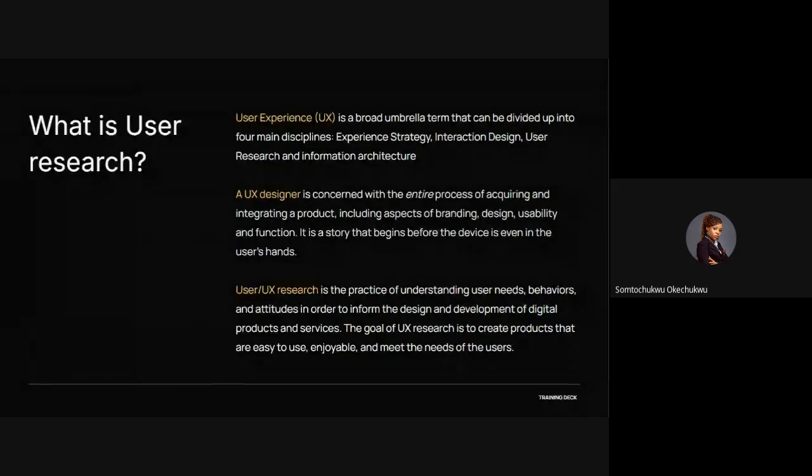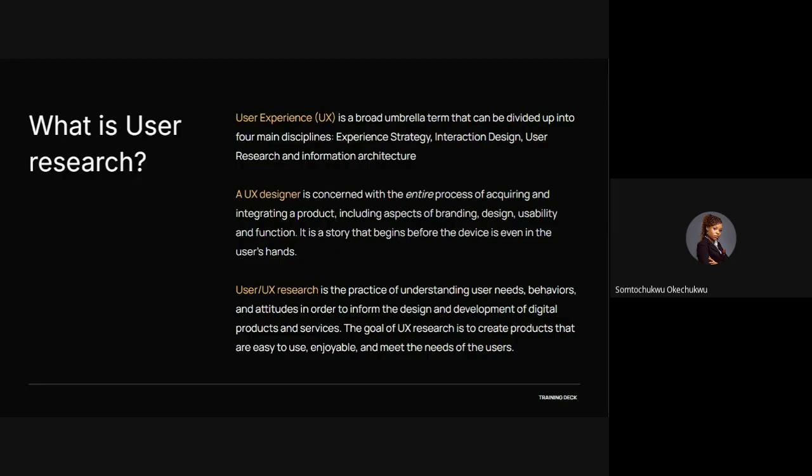And as it's centered around the users, what we are focusing on is UX, that is their experience. Now, UX is a broad umbrella that can be divided into four major disciplines. That's experience strategy, interaction design, user research, and information architecture.